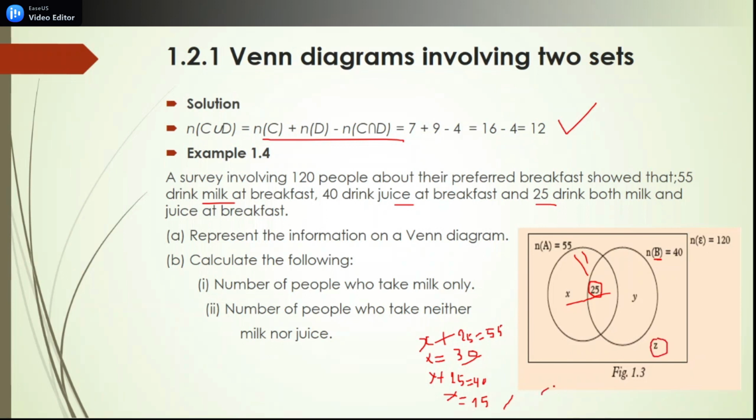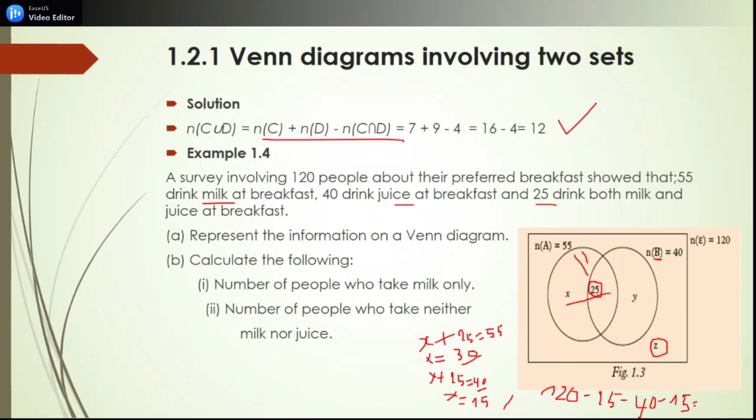We take 120 and subtract the people who take both, 25, minus X, the value of X equal to 30 who take milk only, and subtract the people who take juice only, which is 15.